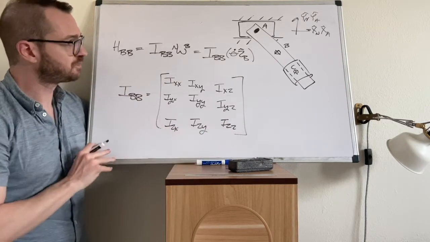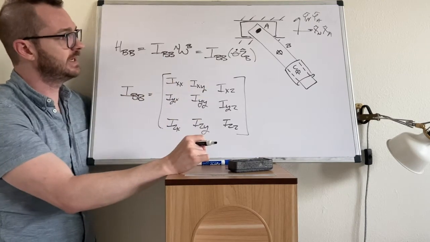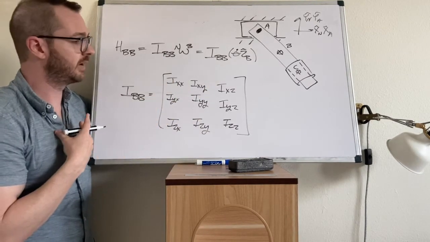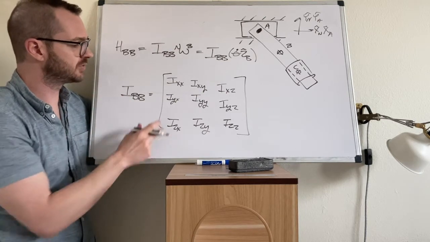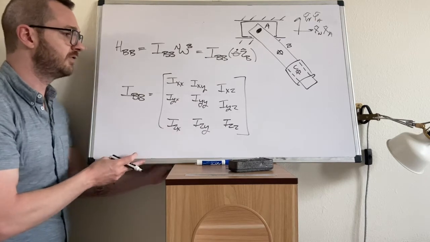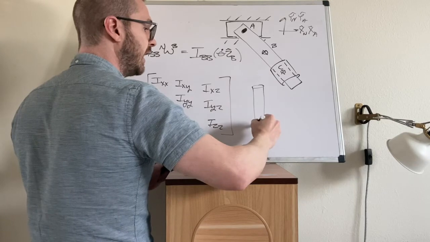If we assume that body B is symmetric, we automatically know some things about it. A body that has axes of symmetry, you will see that some of these terms go to 0. If the body is symmetric about all 3 axes, so here is our idealized cylinder.